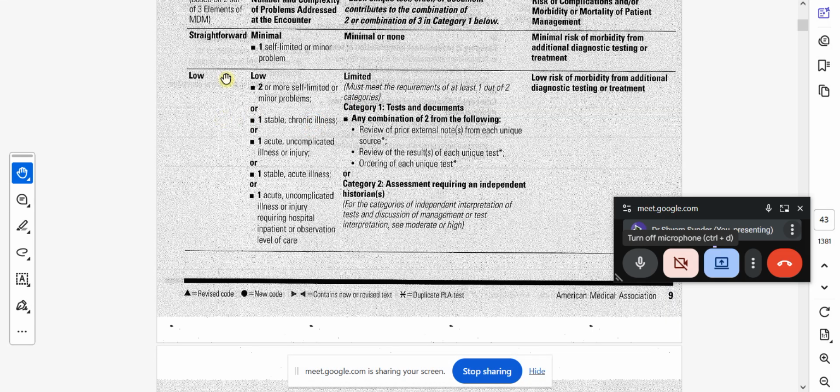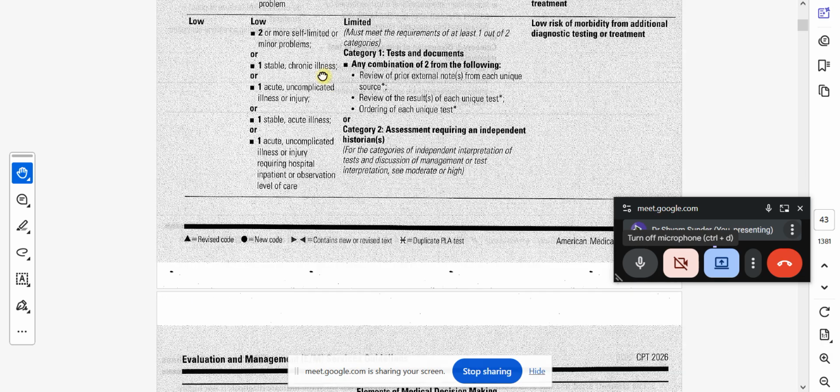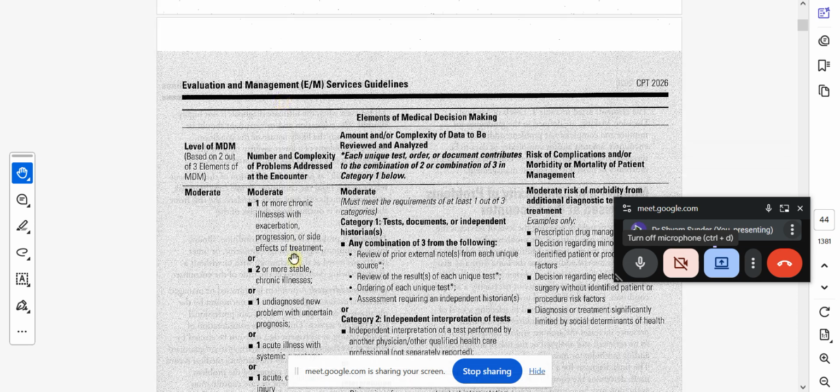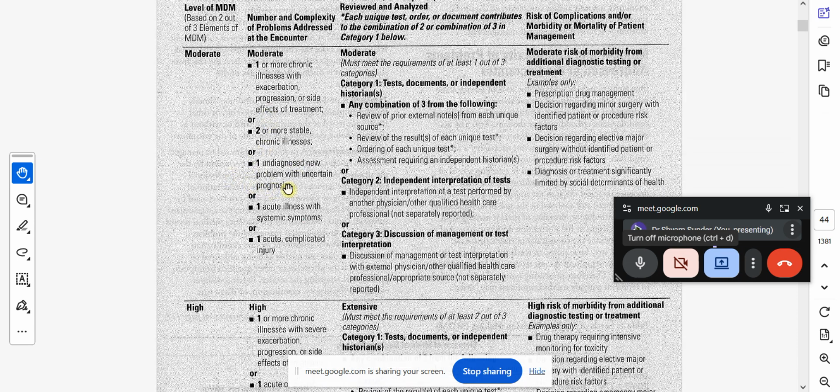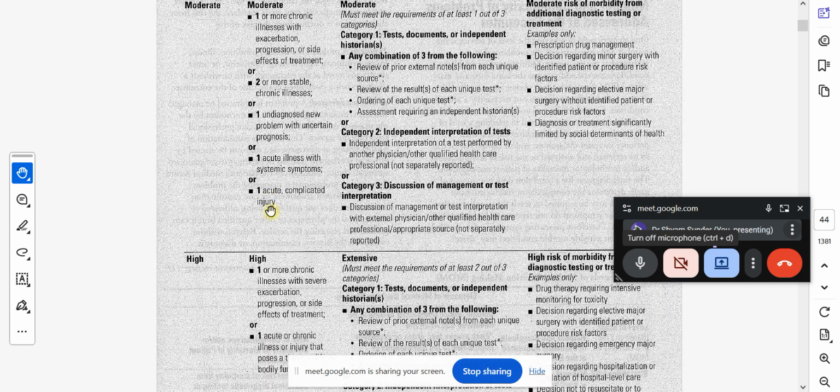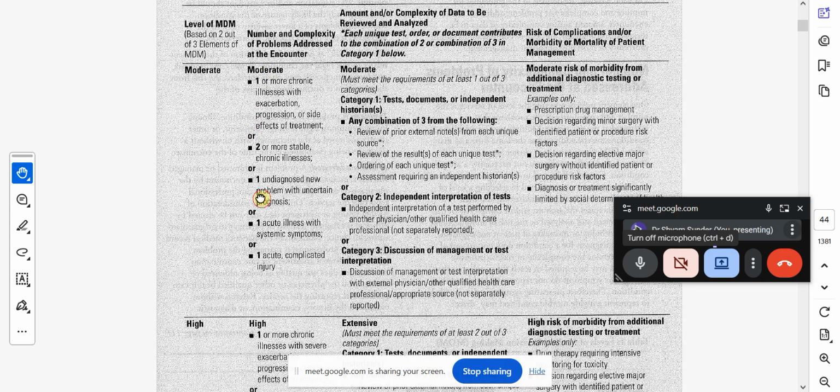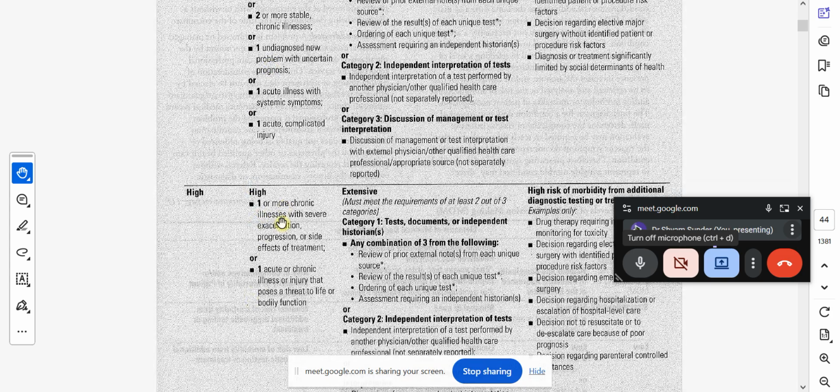Then you're looking at the problem. Is it an acute uncomplicated illness, or if you go to moderate, acute illness with systemic symptoms or acute complicated illness? So your fingers are crossed whether it is moderate or low, but definitely it is not high.